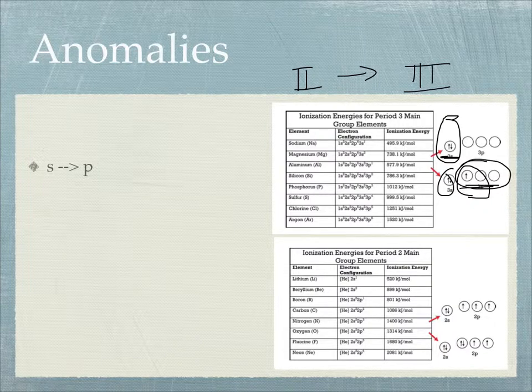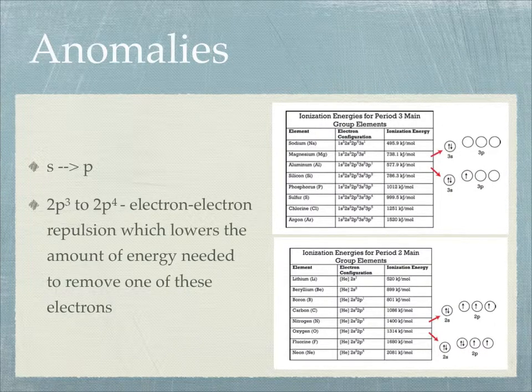But when you start to put one in the p, those are just a little bit farther away than the s. A little easier to take that away. They have a little more energy, and when they have some energy, you don't have to apply as much energy to get it off of there. Also, if you look at the one down here, you also have an anomaly when you go from a p3 to a p4. That's where another one of those usually occurs.